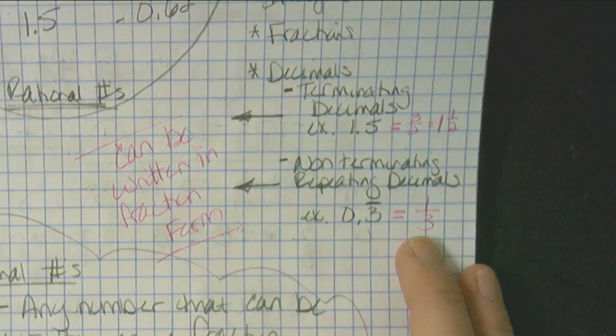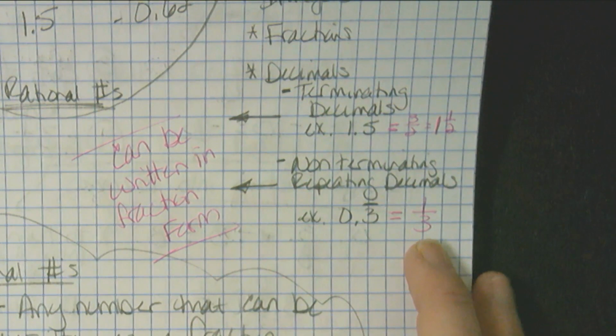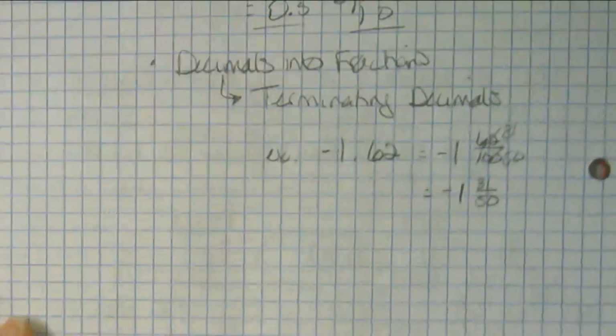Why is that 1/3 and not 3/10? Okay, so let's take a look at the process. I'm going to use 0.3 as my guide. We're going to do a couple of these. I'm proving to you that it's 1/3. Are you guys cool with that? So in today's class, we're going to focus on changing repeating decimals into fractions.